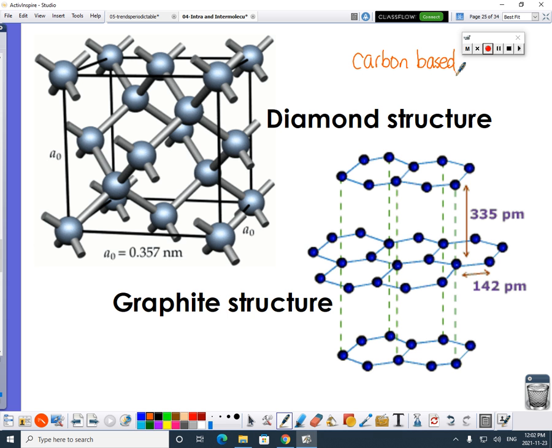This is also carbon, but this is representative of diamond. So again, you can see that there is pattern to it, but you can see when you look at it like this, the layers are connected to each other.